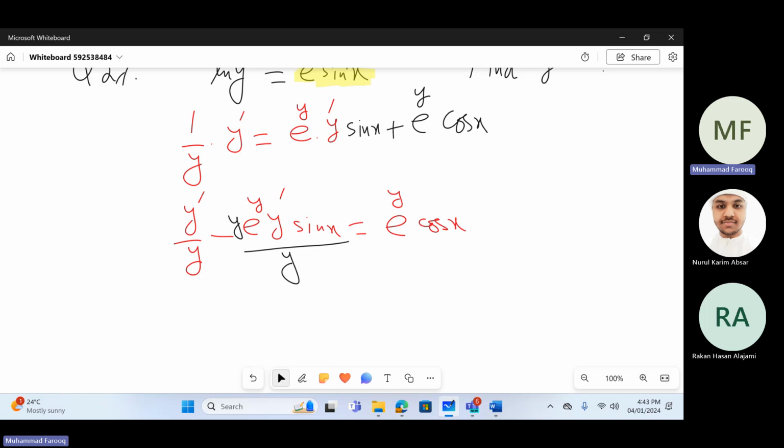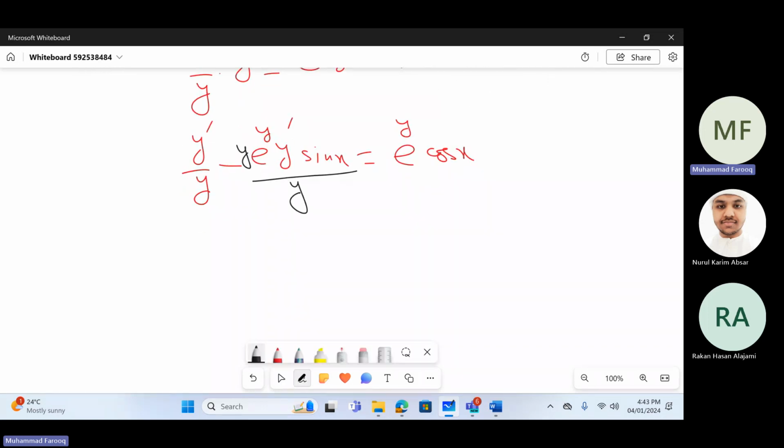Now, after the common denominator, what we get here is that the common denominator is y. So what you have up is y prime minus y e power y y prime and sine x. The other side is e^y and cosine x. You understand? Yes or no? Okay.